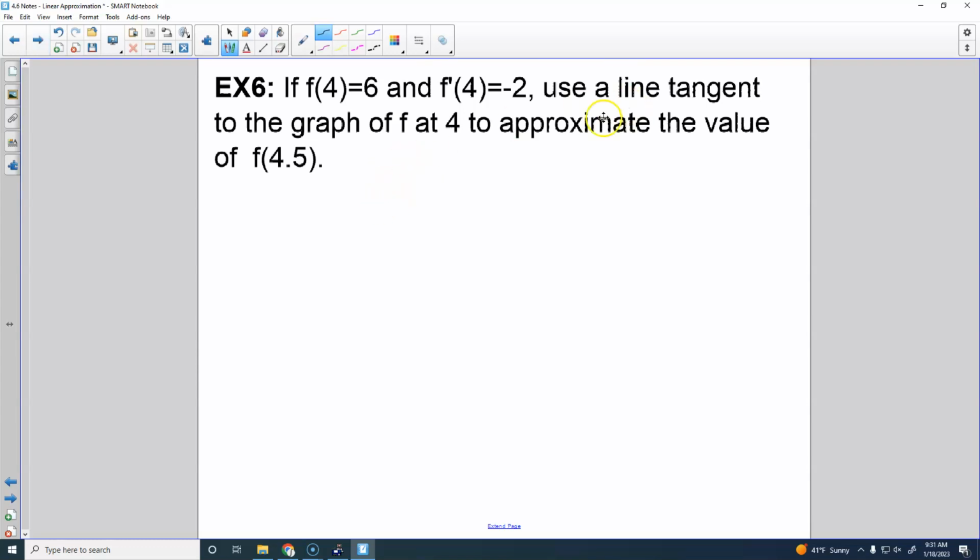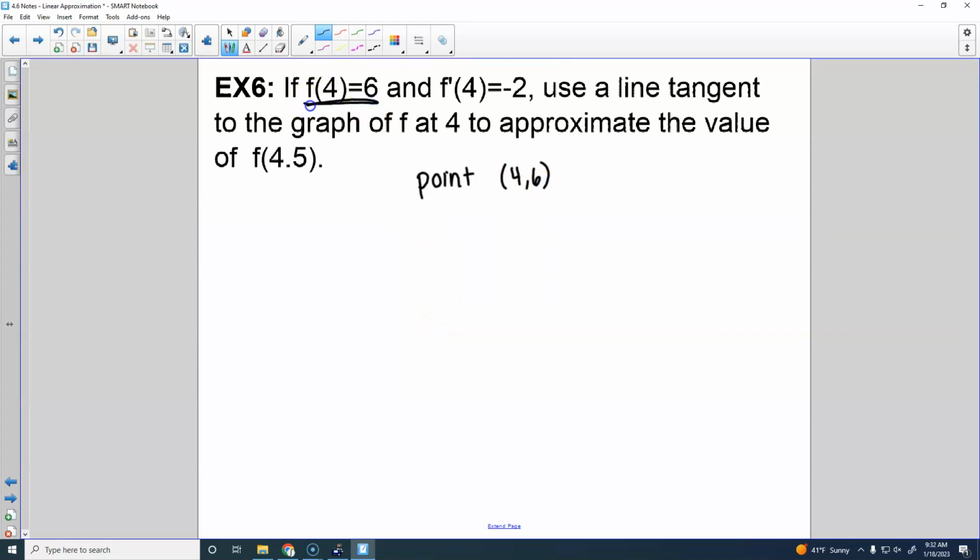Because for a tangent line, we need a point. Raven, what is our point? Very good. I know you feel like you need to do something, but it's already there.